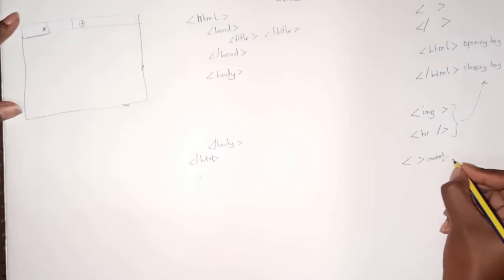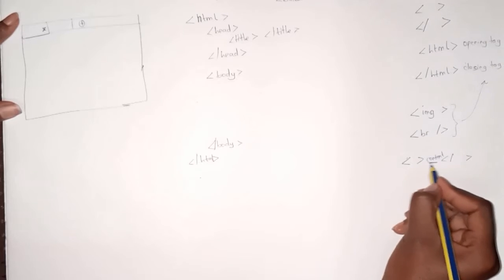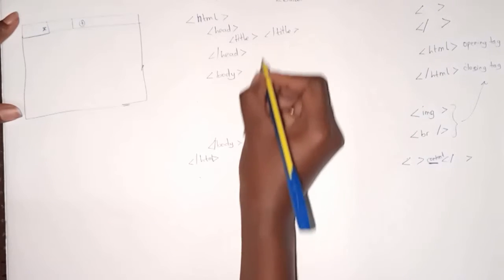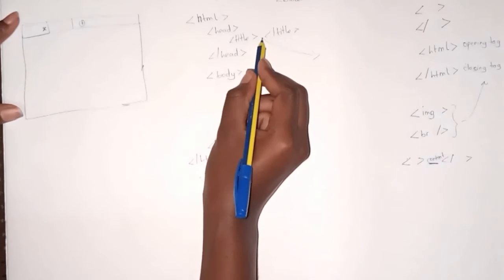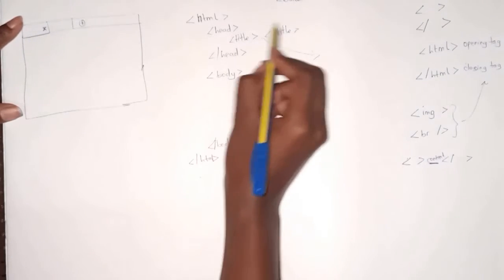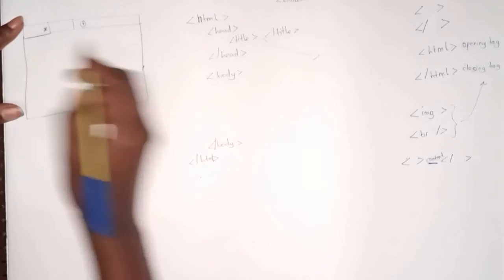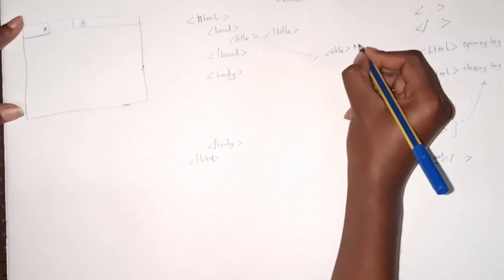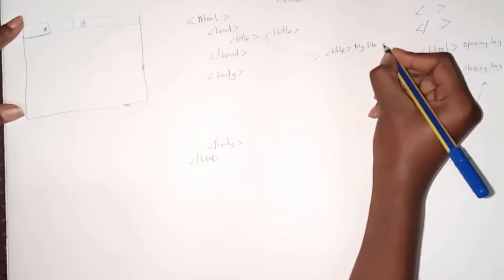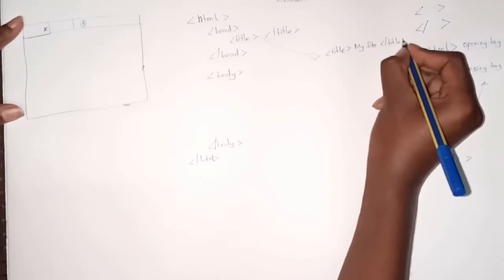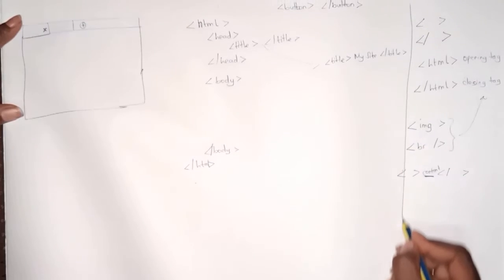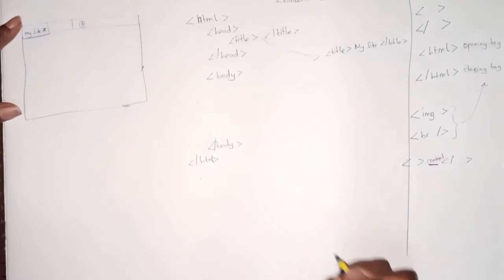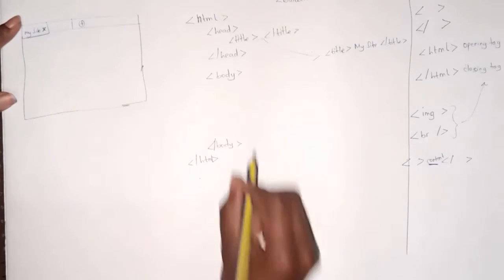So for example, I have this title, and if I want to write something that will appear here in the tab, because you've said the title is what appears in the tab, then you'll write title, my site, and then you close it, title. So here will be my site. Okay, so that's that.